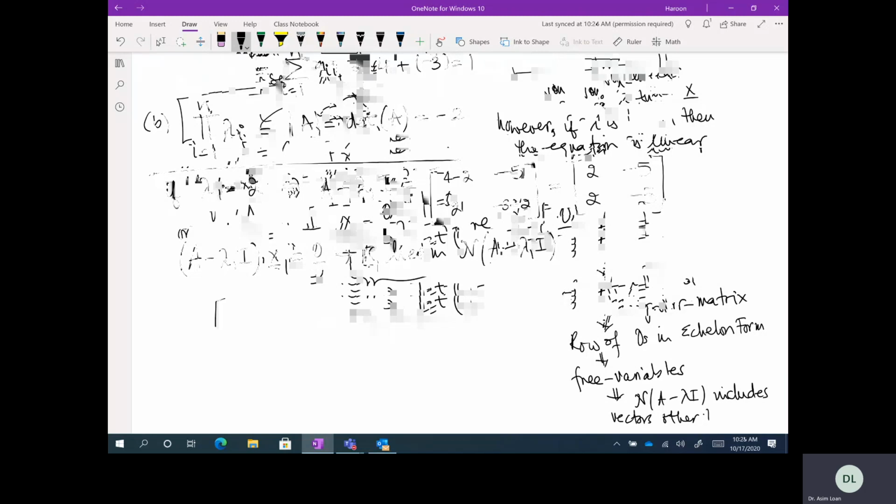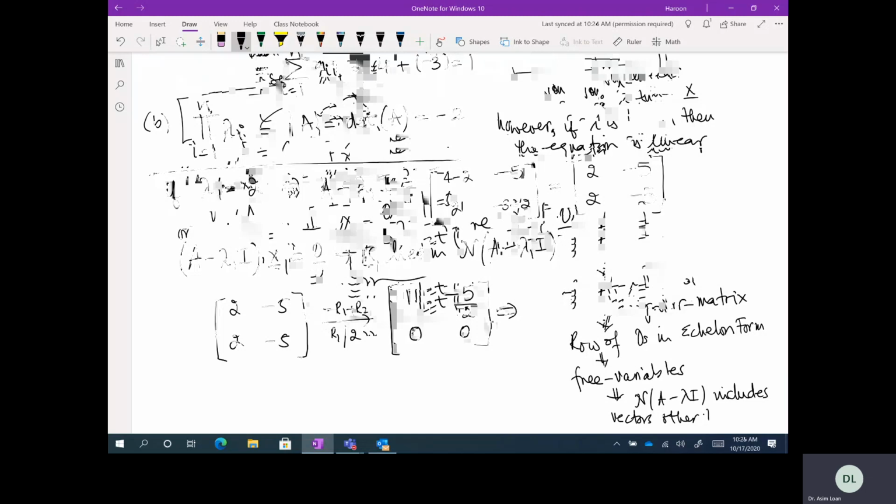I'll do minus row 1 plus row 2, which gives 0 0. Then I divide row 1 by 2, so this becomes 1 and minus 5 over 2.